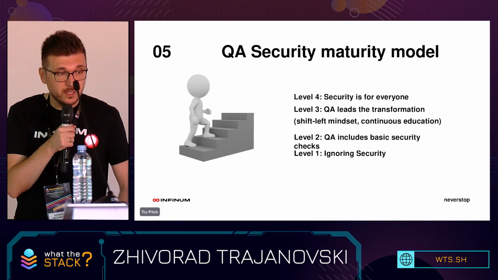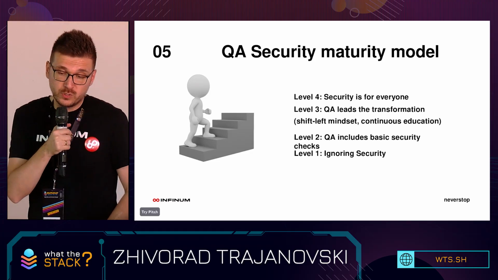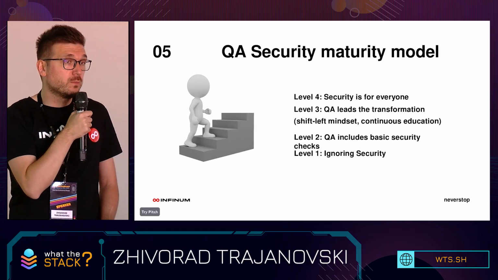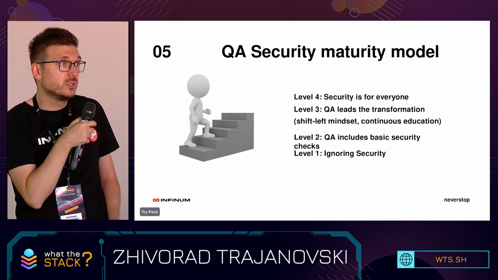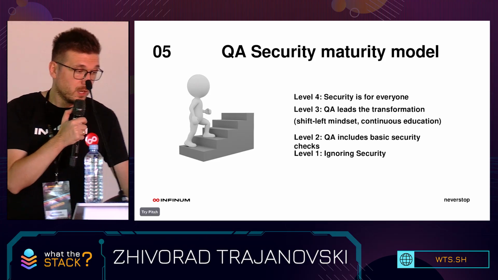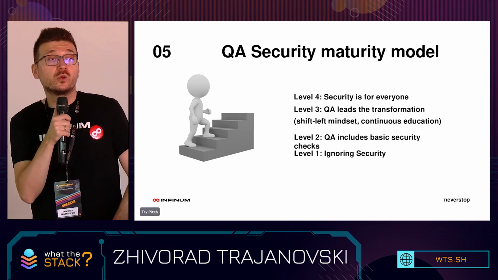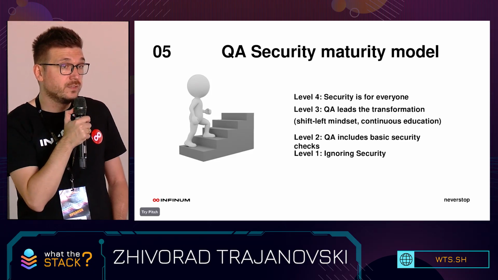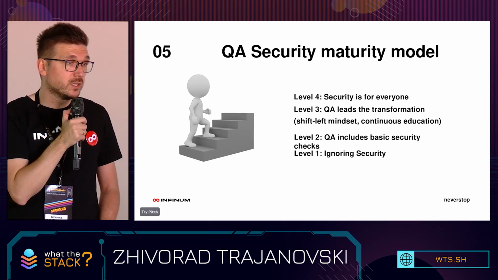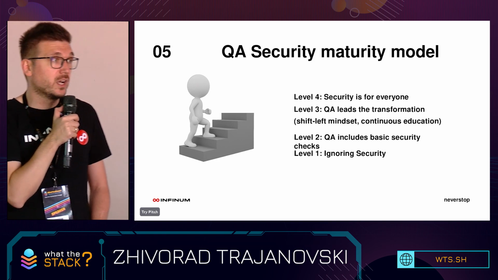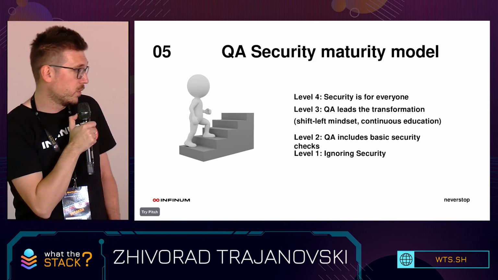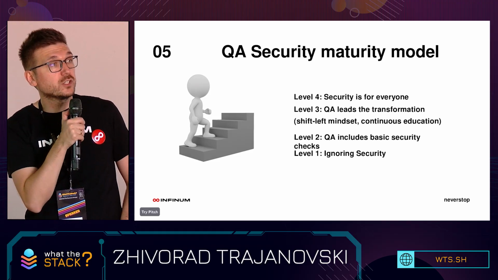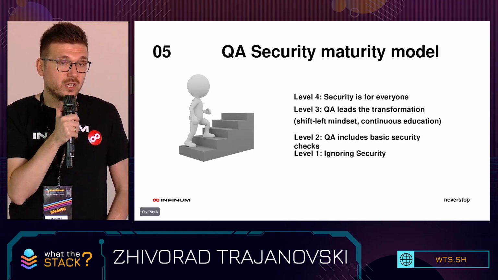The QA security maturity model includes everything from the QA perspective, but related to security. First, most of us are ignoring security. Security is not a thing. We are here to test if the system meets the requirements, meaning if the system functions as intended. Next, QA starts some basic security checks.